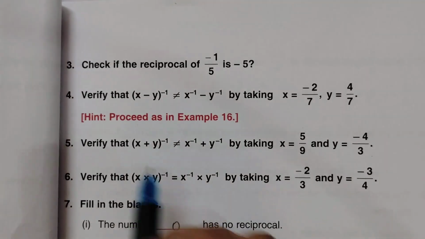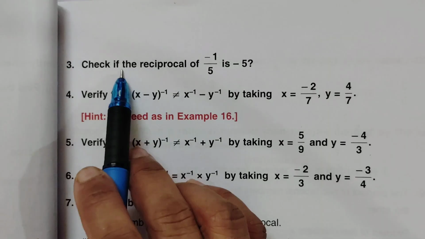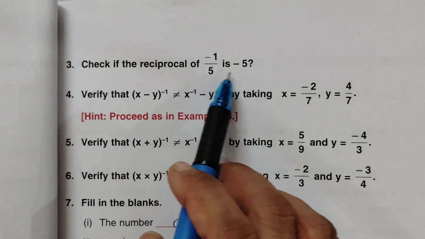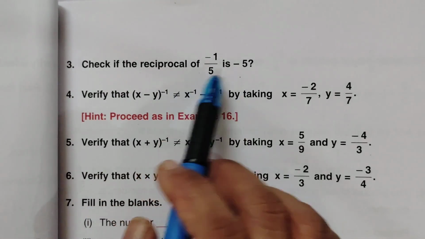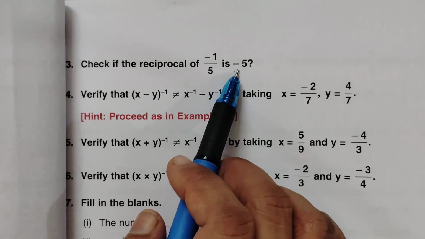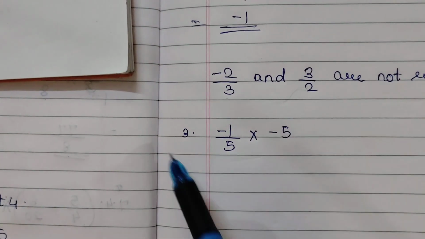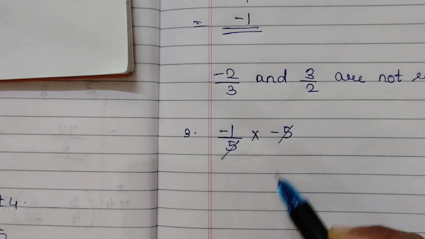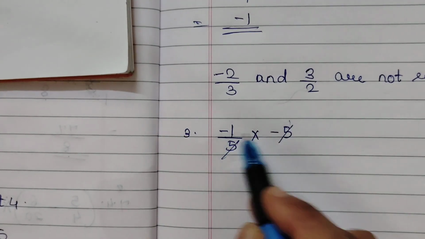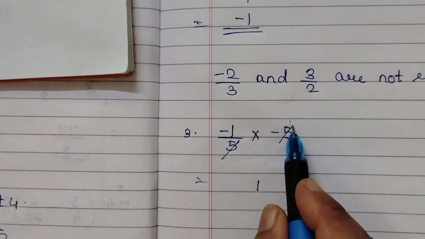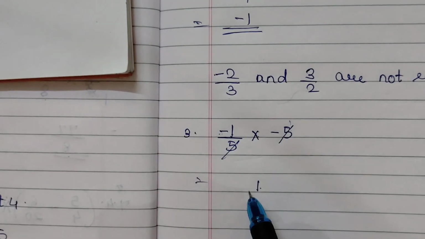Okay, next question, third one. Check if the reciprocal of minus 1 upon 5 is minus 5. Again here also we have to check this. Okay, so minus 1 upon 5 into minus 5. Here 5 and 5 get cancelled. 1 into 1 is 1, 1 into 1 is 1. Minus minus is plus.